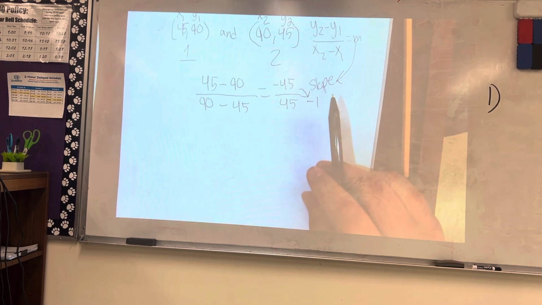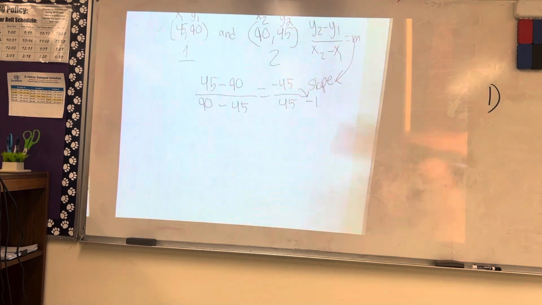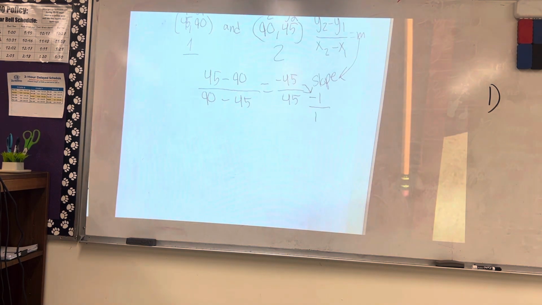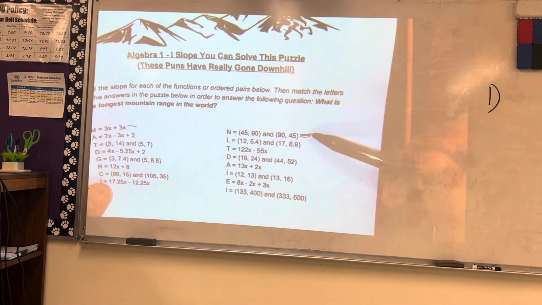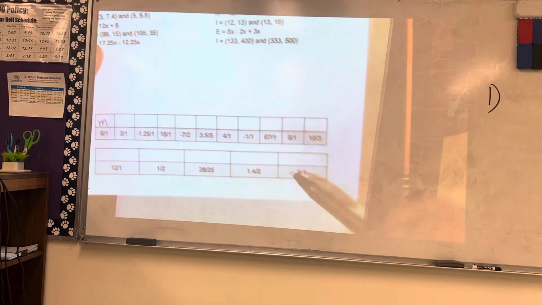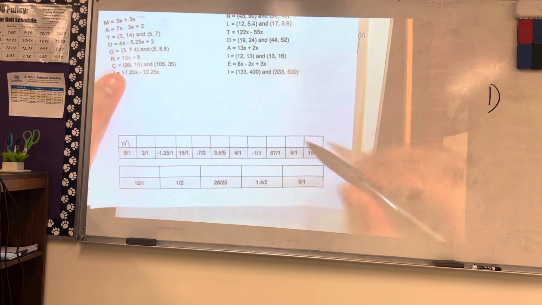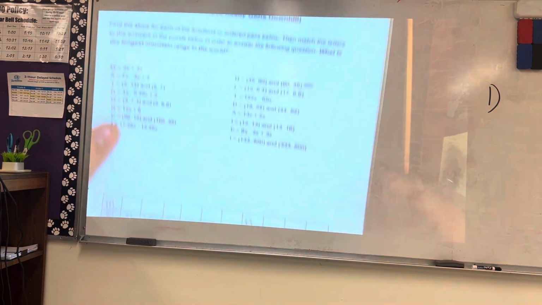And since they want all my answers on here for the bottom portion to be in a fraction, if you have a whole number, put a 1 underneath it. And now let's go find it. So we have n, which we just figured out, is -1 all over 1, which is right here. And that's how you do option 3.